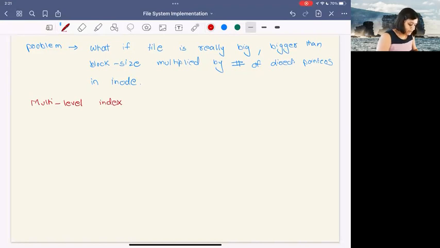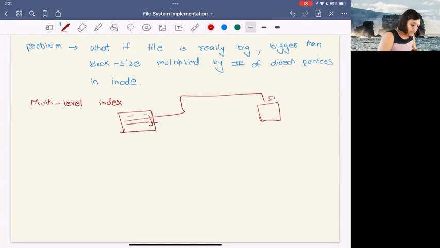So let's say that we have an inode block. That inode block is storing all the information, and it's storing this list of pointers that point to the locations of the file blocks. Let's number them as file blocks. Let's say the first is number 51, then the second stores the location of the second file block, number 52.